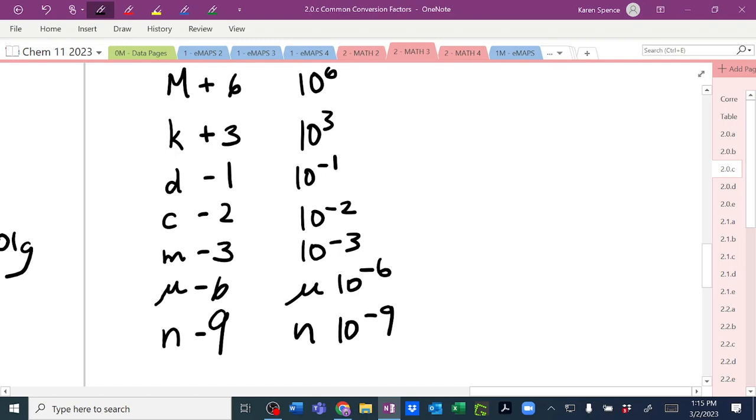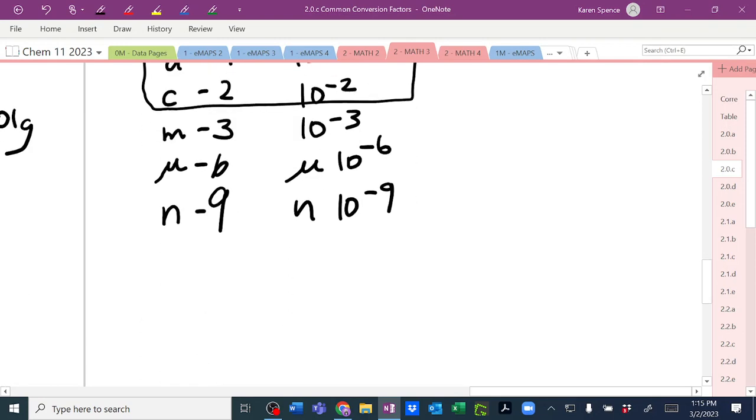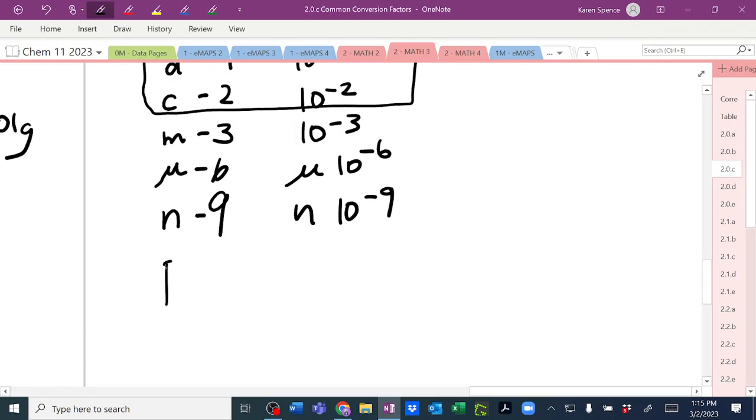Most of them are powers of a multiple of 3. Did you notice that except for the deci and the centi? Everything else is either a 3 or a 6 or a 9. If you continued going up, giga is 10 to the 9. And then if we go the other way, pico is 10 to the negative 12.